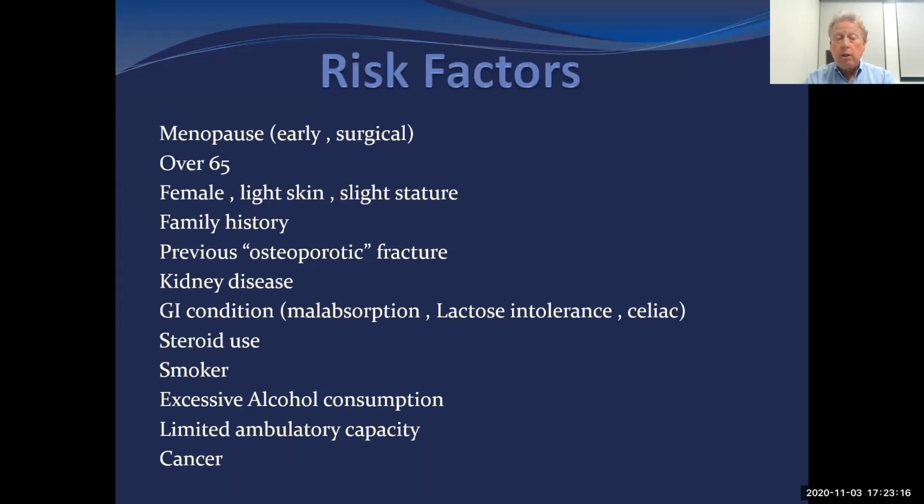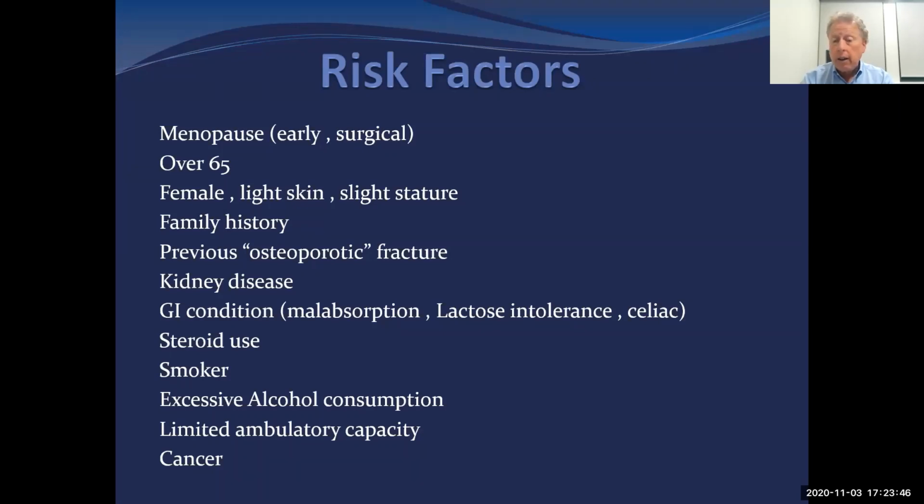Kidney disease is a huge osteoporosis maker because your kidneys hold on to calcium, and if you don't have calcium, you wind up osteoporotic. GI conditions, so gastroenterology conditions such as malabsorption situations from surgical procedures, lactose intolerance, that's a lifelong thing that kids have, and that's where sometimes we get into trouble with children.